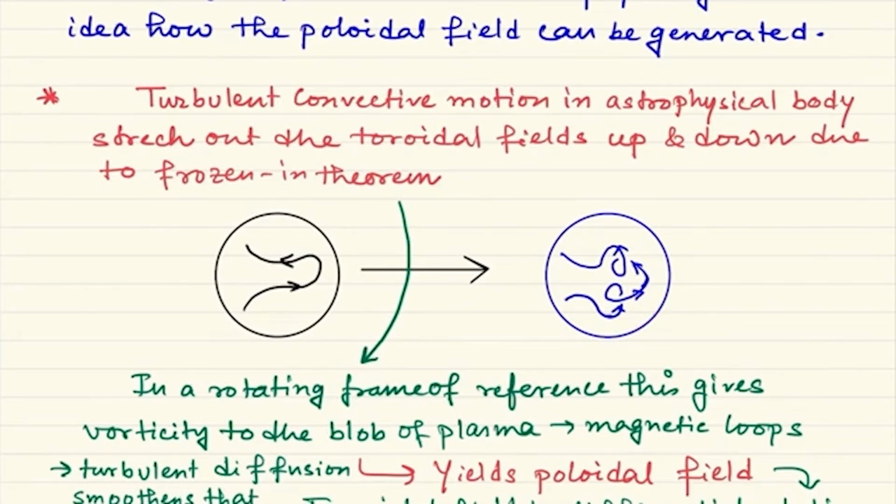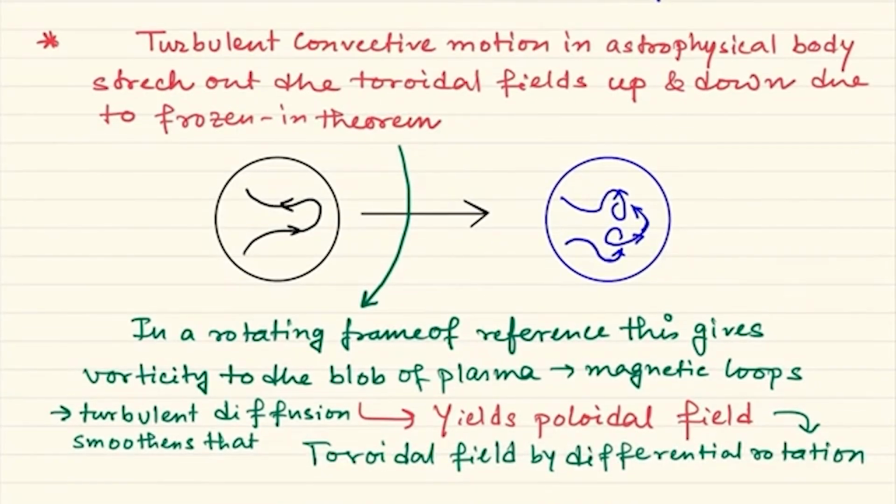Now there is another part of the story as well. In most cases we are considering rotating frames of reference, and you know that rotation adds to the vorticity of a blob of plasma even if the initial vorticity is zero.